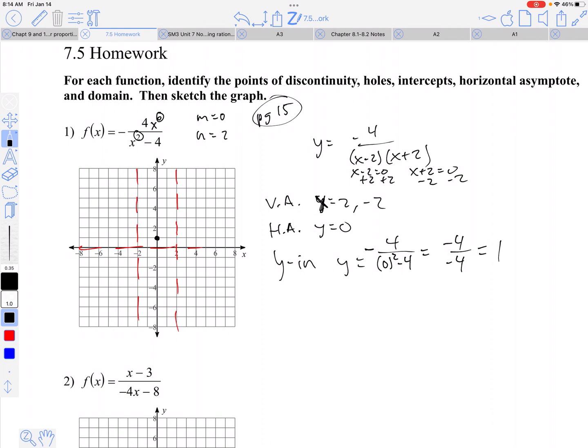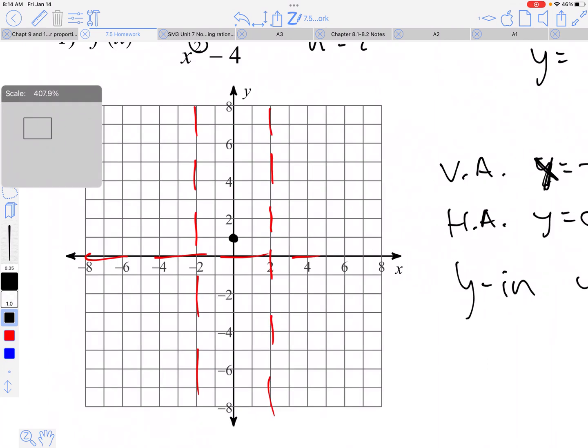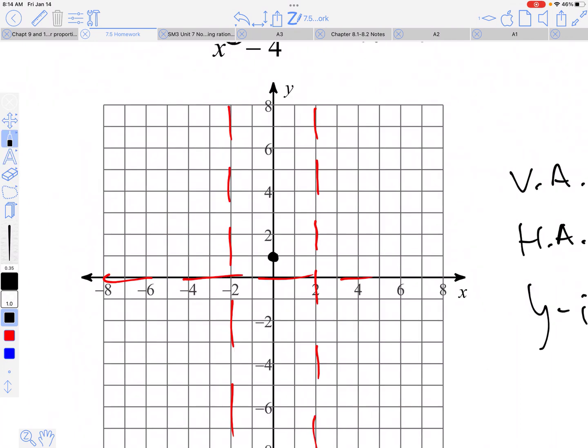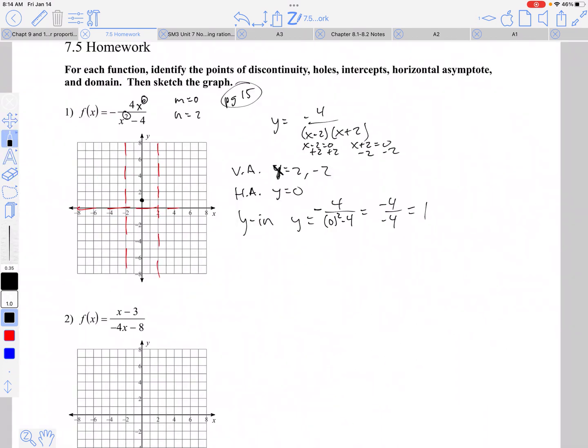Alright, so now there's no more points, so what I'm going to do is check certain points to know if I sketch the asymptotes above or below. So remember, you've got to check each section. So I'm going to take my equation, and I'm going to plug in negative 4.